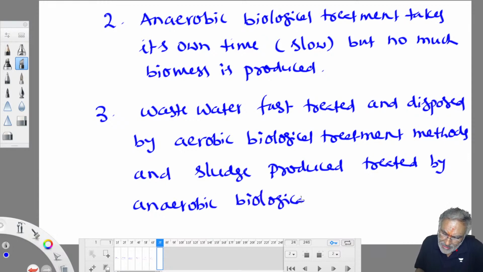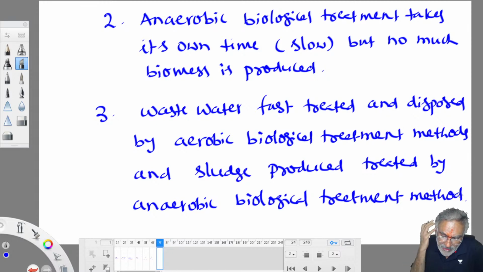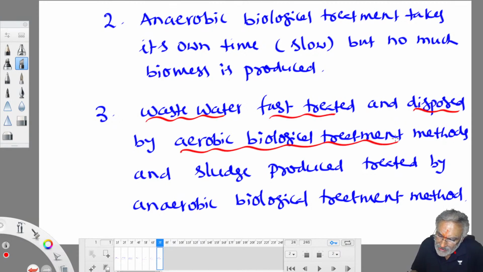So sludge treatment is always an anaerobic method of treatment. Wastewater treatment is always an aerobic method of treatment. Wastewater is first treated and disposed by aerobic biological treatment. Sludge is treated by the anaerobic biological treatment method.